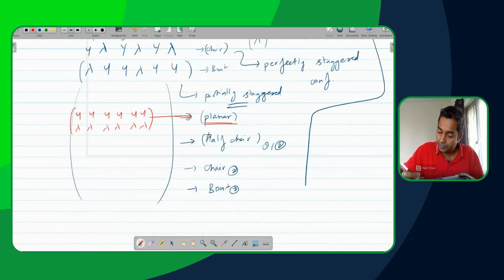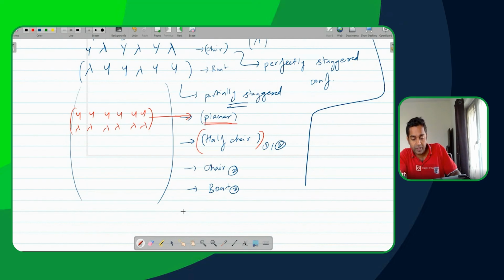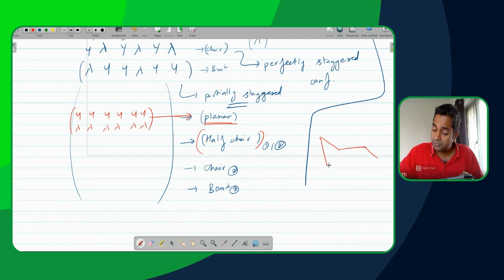Half chair is going to be a little bit of an awkward scenario. In a half chair, the structure will look like this. Carbon 1, 2, 3, 4, 5, and 6.